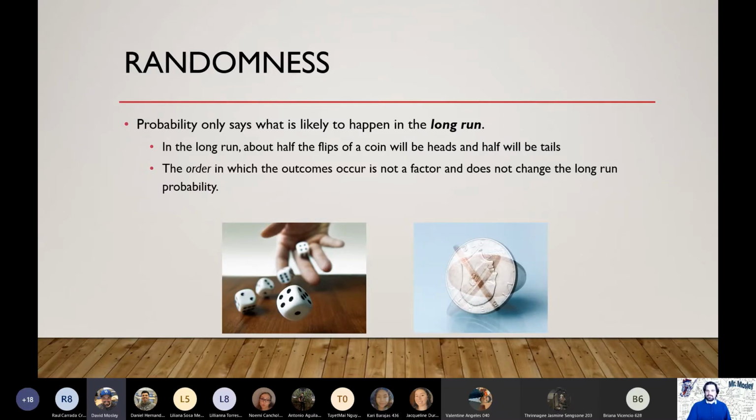But it's interesting stuff. So again, probability has to do with the long run, not the short run. And the order in which things happened doesn't really matter. It's not going to have an effect on the long run probability. Therefore, we have the law of large numbers, which we introduced on Monday.